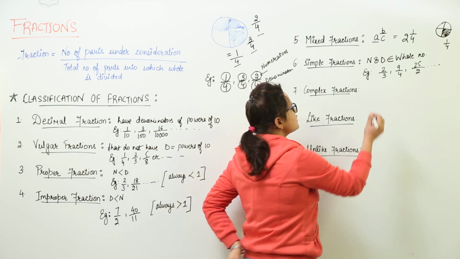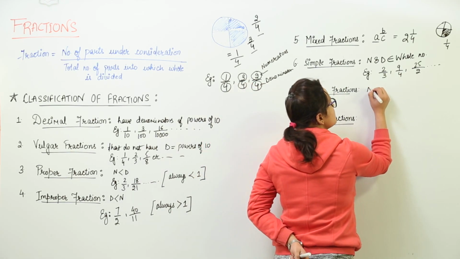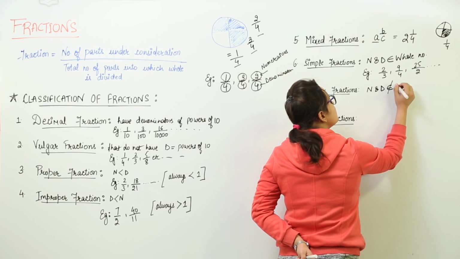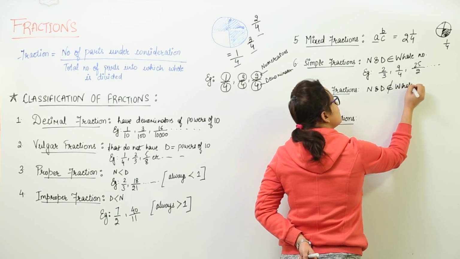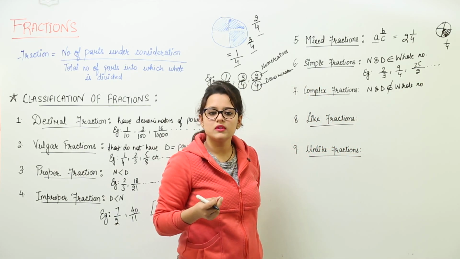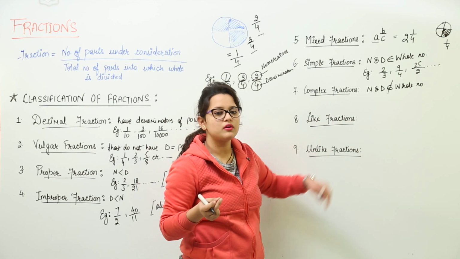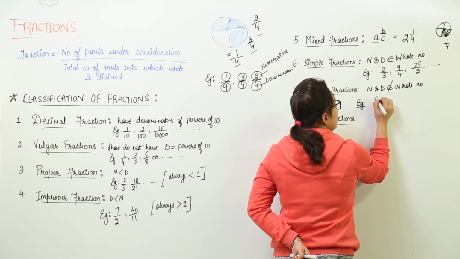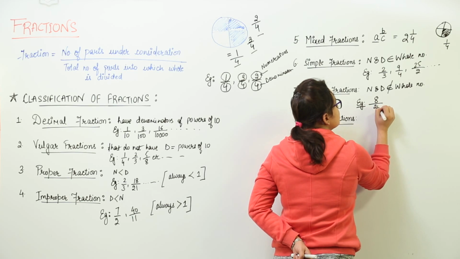Next we have the complex fractions. For complex fractions we will have the opposite, that is, the numerator and denominator will not belong to whole numbers. It could be that just one of them does not belong, or both might not belong. For example, take 8 upon 2 upon 3.